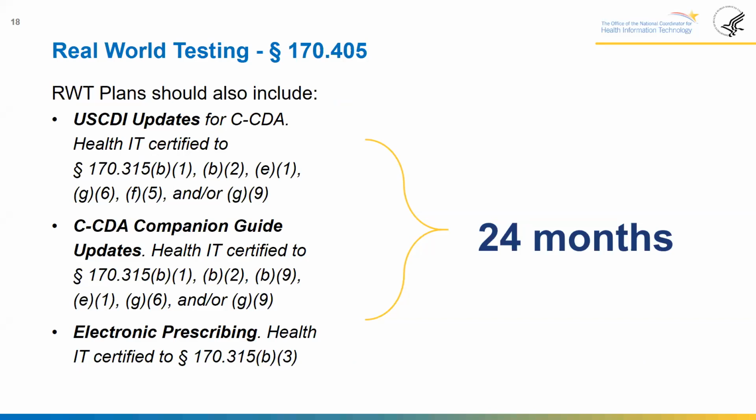So for example, the USCDI, the US Core Data for Interoperability updates that underpin a number of certified criteria, such as transitions of care and so on. Those will have to be addressed within real world testing plans. Similar updates to the C-CDA standard, and of course the electronic prescribing standard updates.